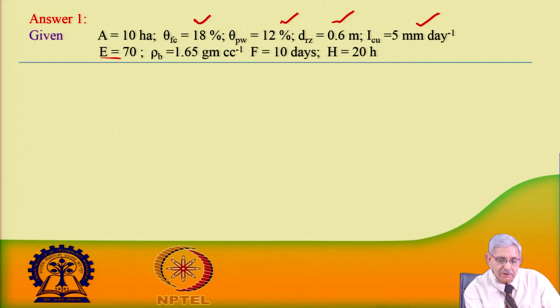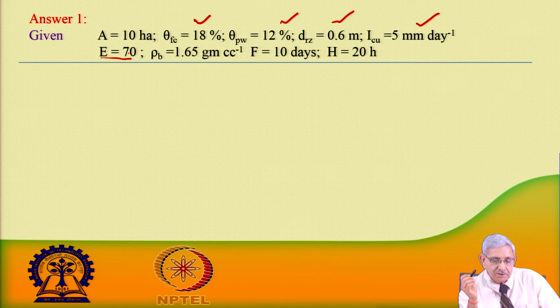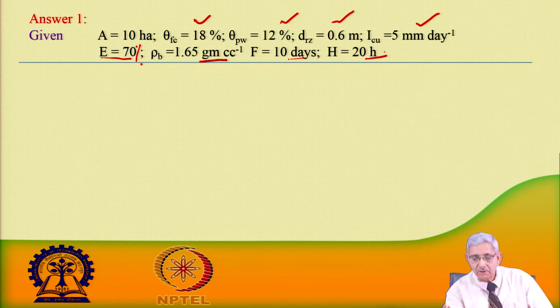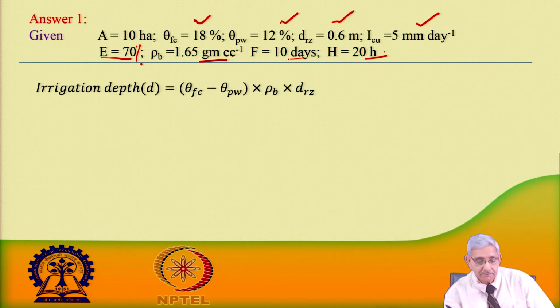The irrigation efficiency of the system is 70%, and the bulk density of the soil is 1.6 gram per cc. 10 days is the period in which the irrigation is to be given, and the operating hours of the pump or sprinkler system is 20 hours.